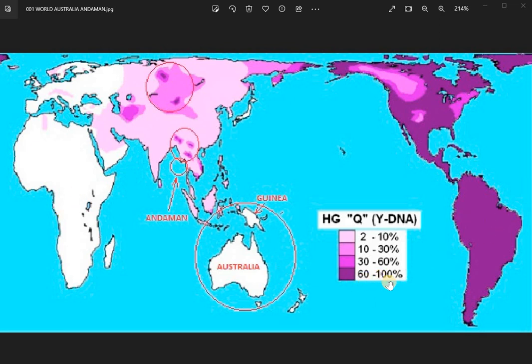And here it's 60 to 100%, it's much more, and it's the whole of South America, which is smaller than Africa but much bigger than the areas occupied by A and B. And North America is almost as big as the whole of Africa.